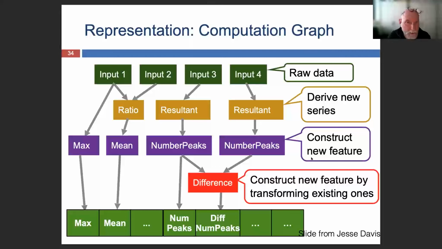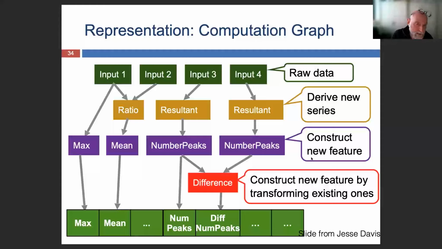So here at the top you see the inputs, the raw data, so to say, and then the next level is that they would define some kind of combinations, like, for instance, a ratio between 2 time series.